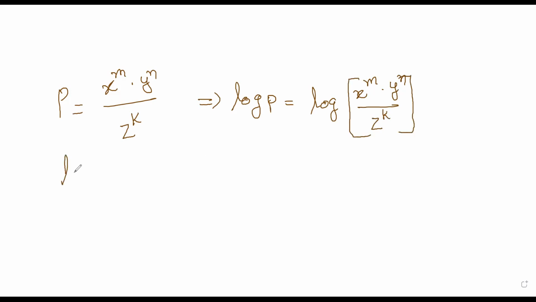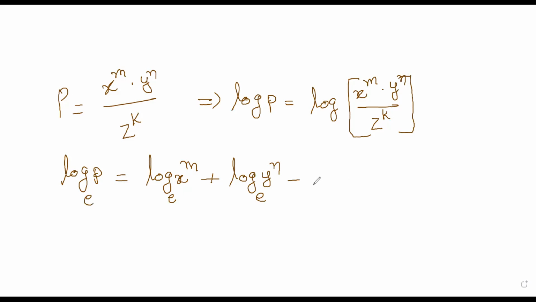And now you can write log t is equal to log x power m plus log y power n, of course with respect to the base e, minus log z power k to the base e. And now when you take the variations, that means you want to calculate the variations here.